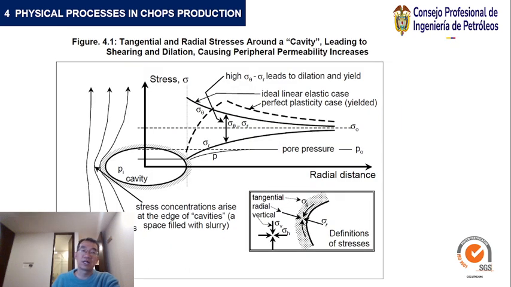This figure shows us tangential stresses that reduce stress around the cavity, leading to shearing and dilation, causing peripheral permeability increases.